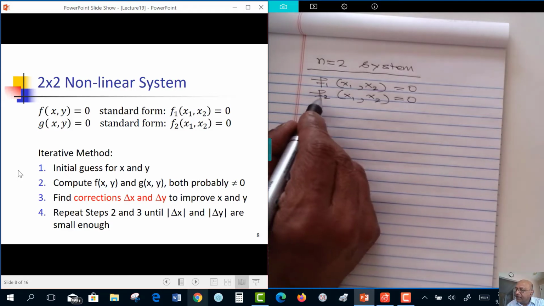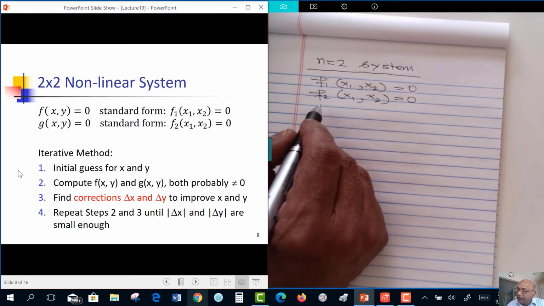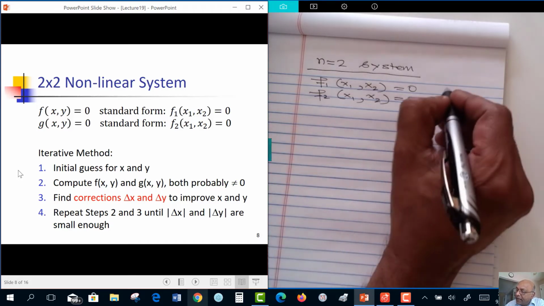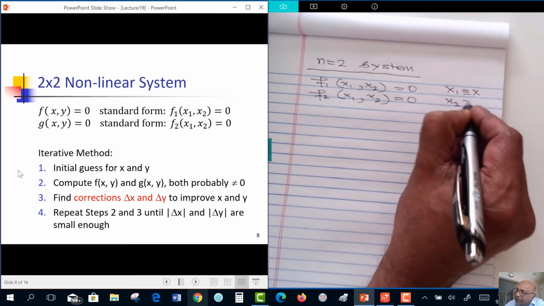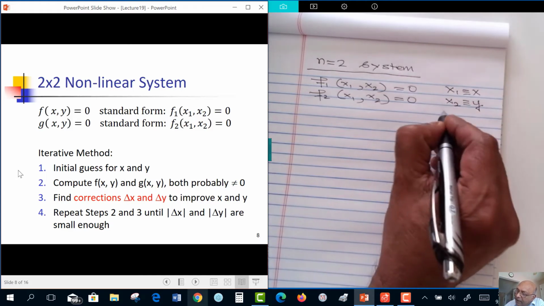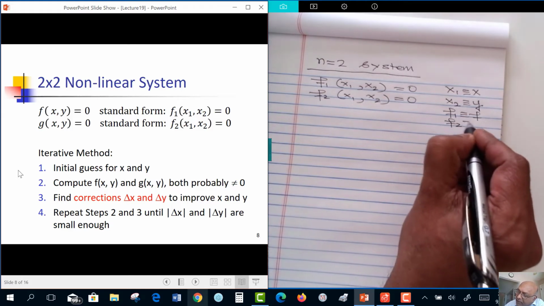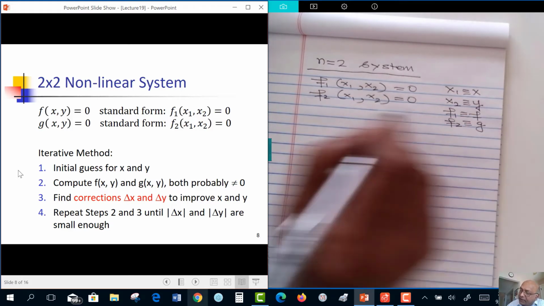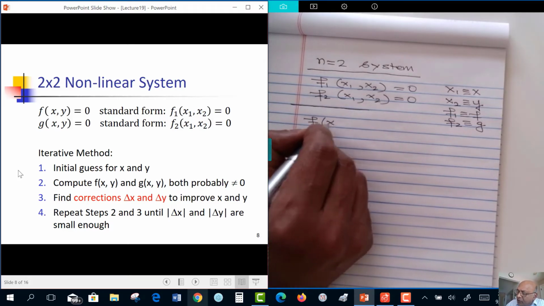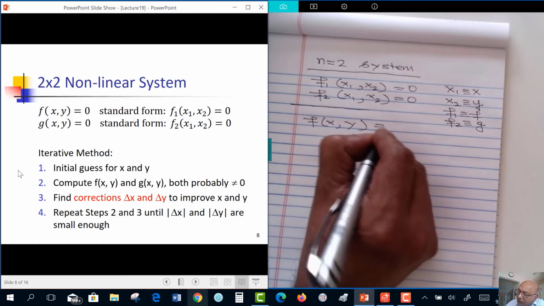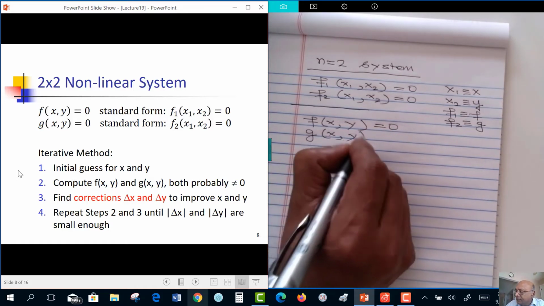Since it has too many subscripts, 1, 2, 1, 2, and it is easy to get confused, we'll say x1 is the same as x, x2 is the same as y, and then f1 is the same as f, but f2 we'll name as g. This way we remove all our subscripts. So our two equations in two unknowns become f(x,y) is 0 and g(x,y) is 0.